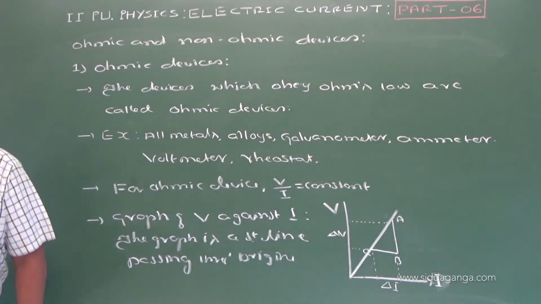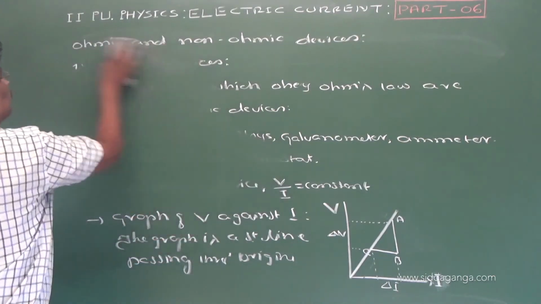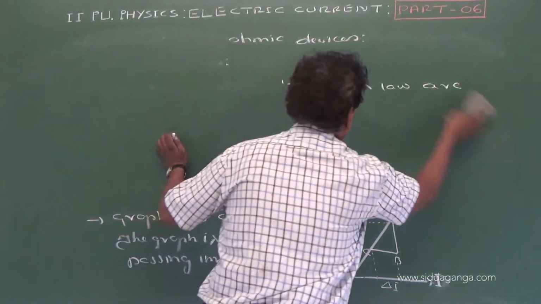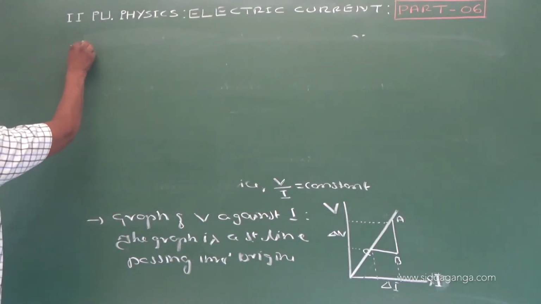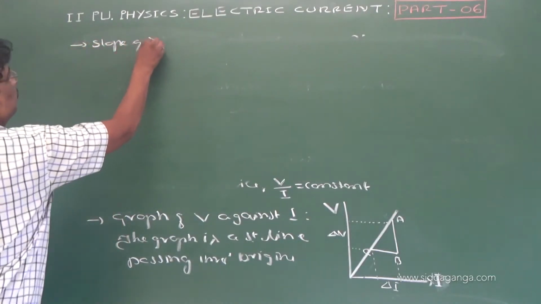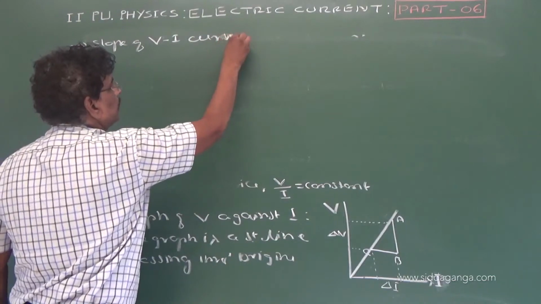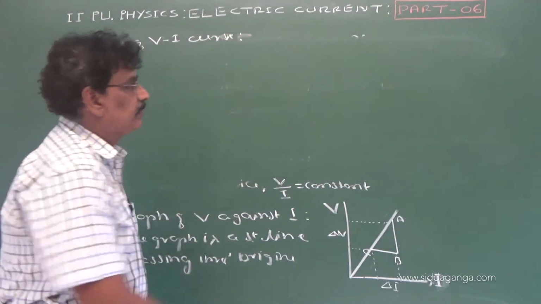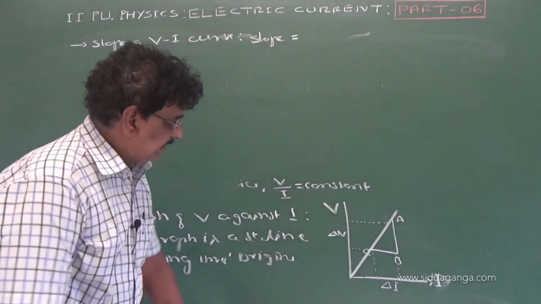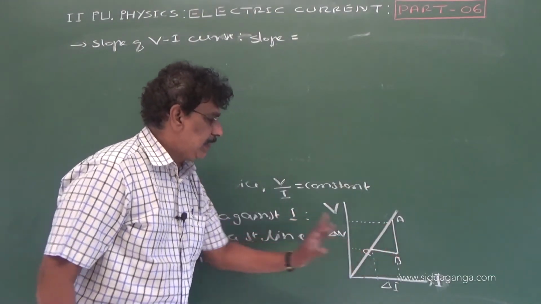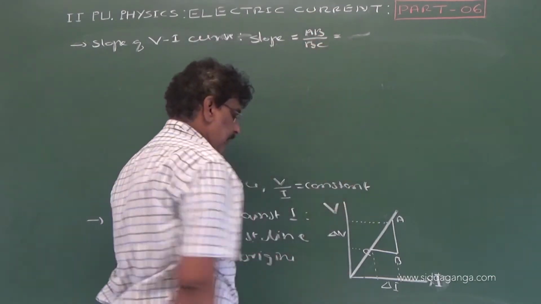Now the slope of the VI curve is equal to tan theta, that is AB by BC. What is this?